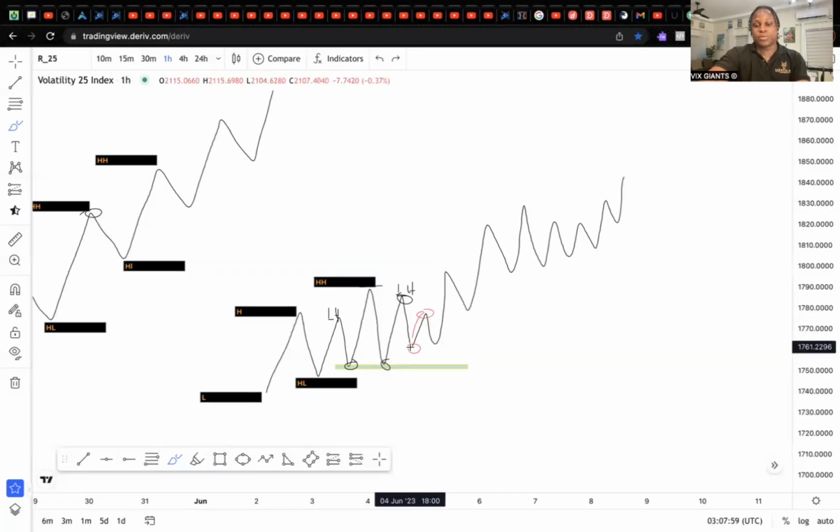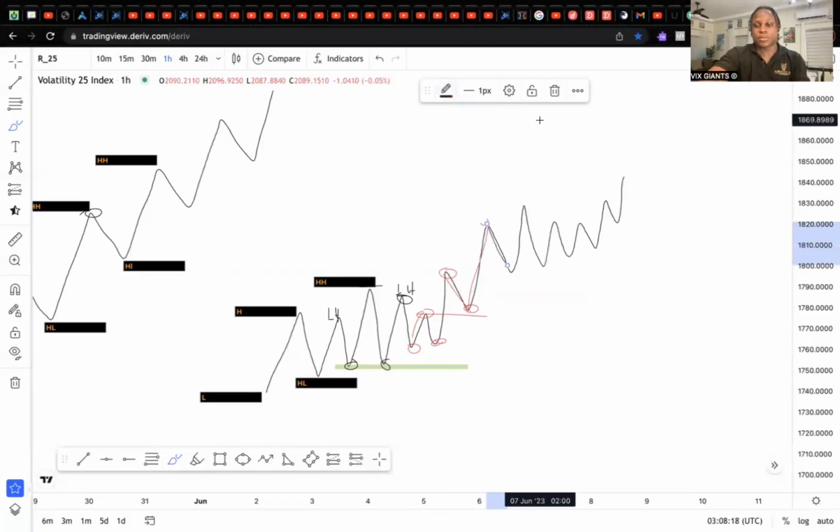Market pushes down, higher high, slightly higher, push up, break of structure. So now we're at a higher high. Market pulls back, retests, creating a higher low. Push up, higher high, higher low.